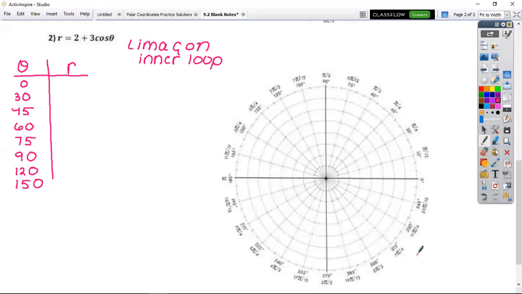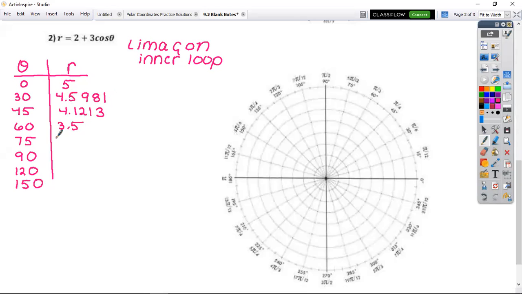Okay. So I have from the calculator, go back and forth. I had 0, 5. I had 30 and 4.5, give or take. So this was 4.5981 if you want this exact, but obviously that's kind of impossible to graph. 45, and I had 4.1213. At 60, I had 3.5.